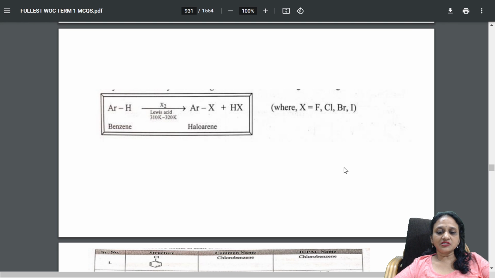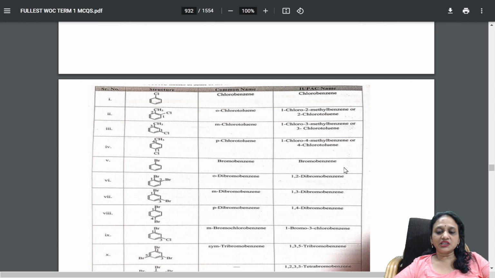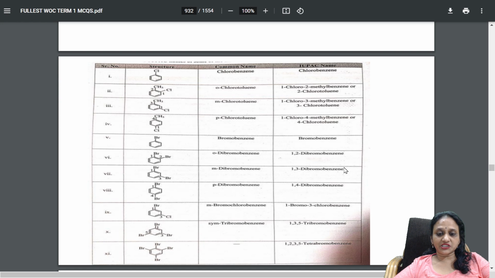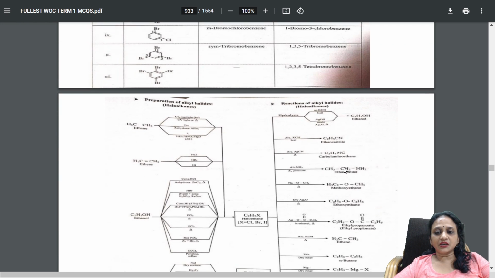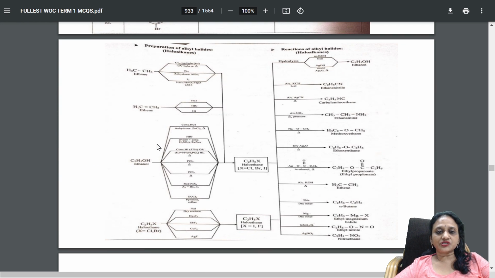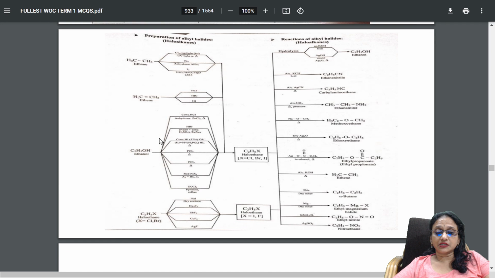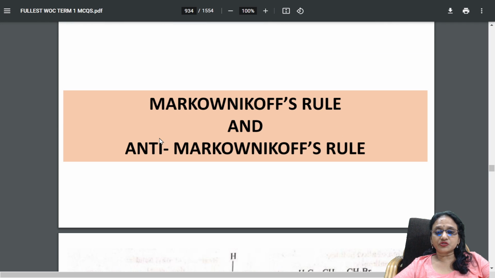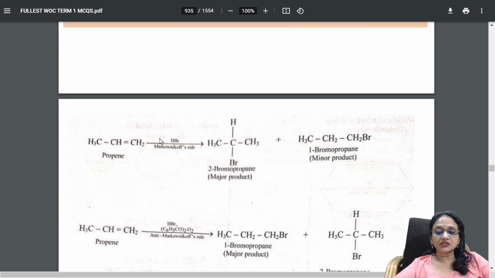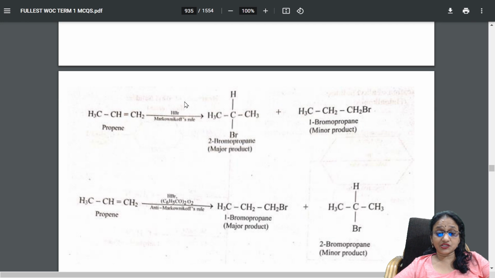Then comes haloarenes, where IUPAC nomenclature is picked up. Both the preparations of alkyl halides and the chemical properties are given. Markovnikov's rule is also given, where the negative addendum goes and adds to the carbon having less number of hydrogens.